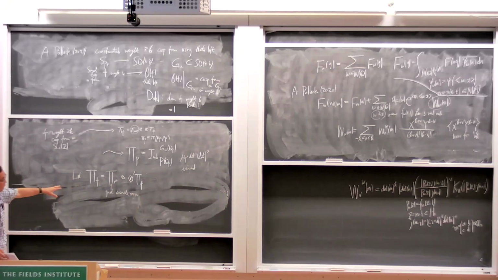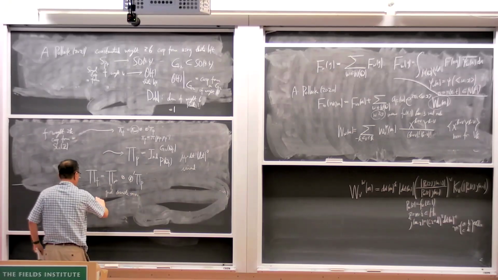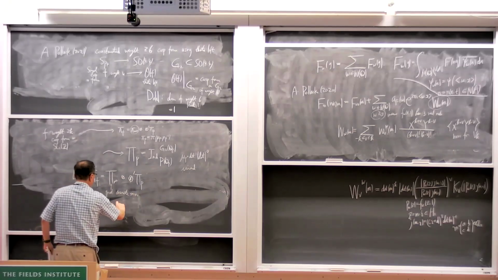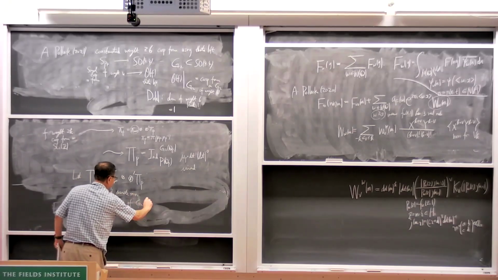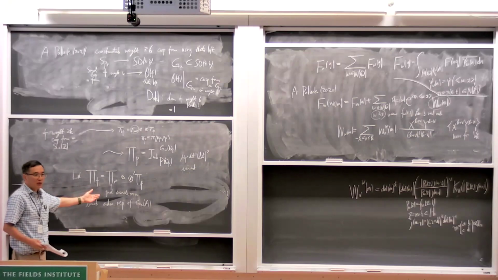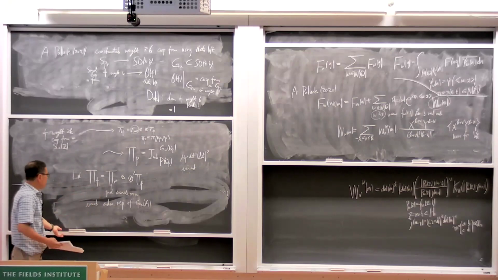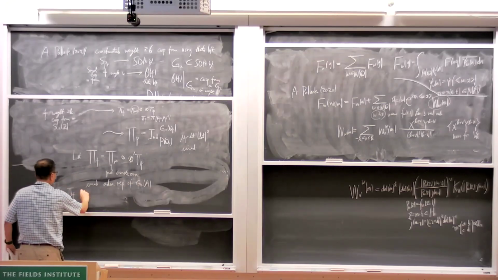So then you can form, formally, an irreducible admissible representation of G2(A). So we have this formal representation. So the question is, is this automorphic?